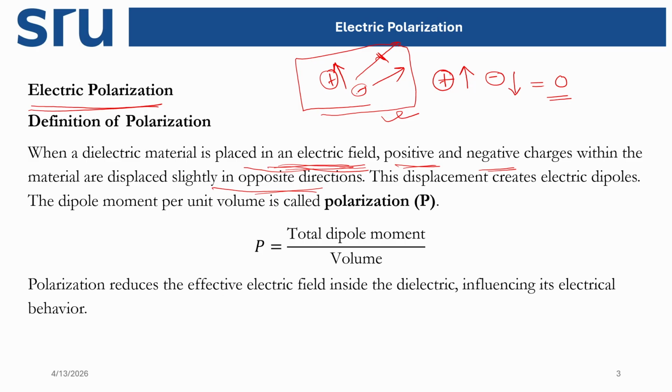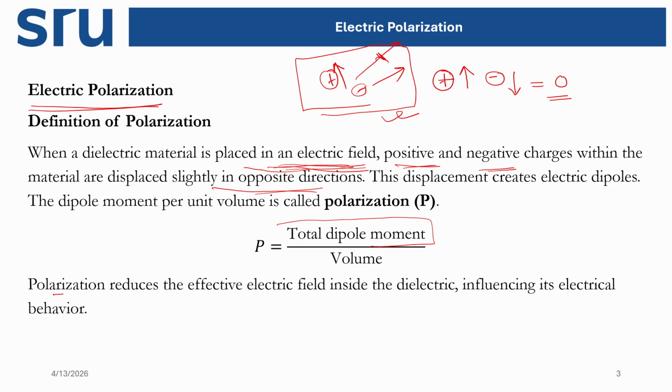If a net dipole moment is created due to the electric field, then there is polarization in the molecules, and that can be calculated. It is the total dipole moment divided by the volume of the material. So P, the electrical polarization, equals the total dipole moment divided by volume.